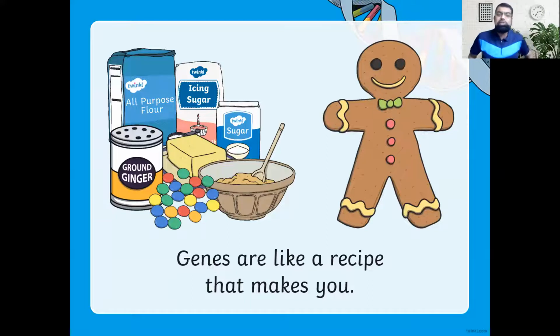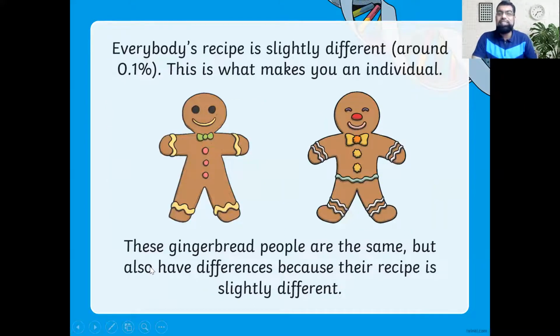So how do I teach you genes? Genes are like, let's say you're making a recipe, like a gingerbread man. What are the ingredients? You need ginger, of course, sugar, icing, flour, some sweets, butter. I'm a good baker, right? So imagine everybody's original DNA is the same.